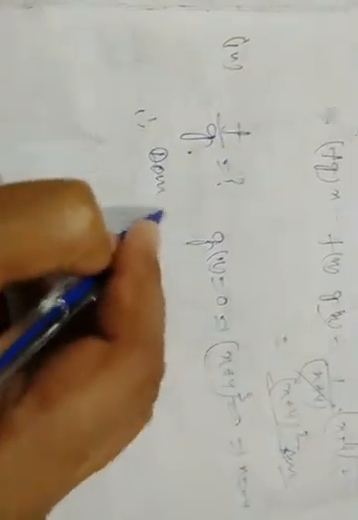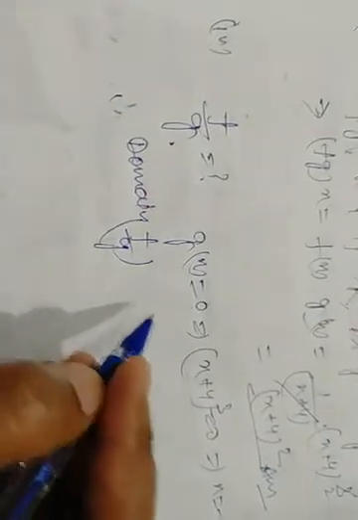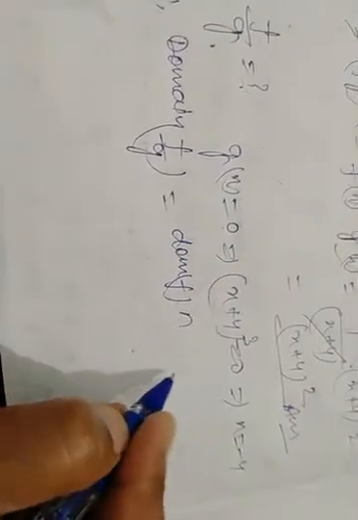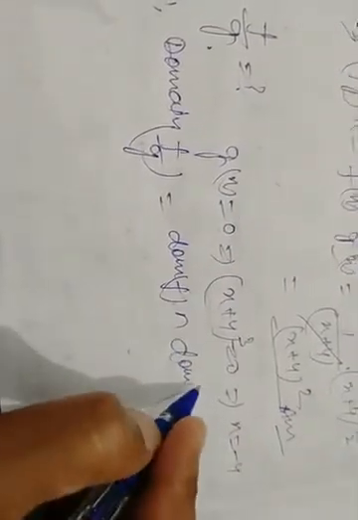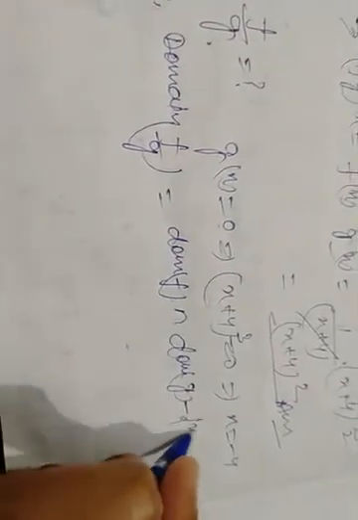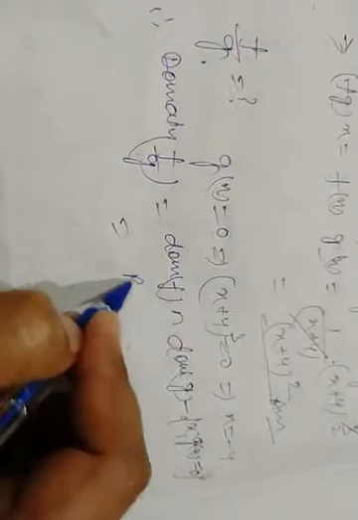So since the domain of f by g is the domain of f intersection the domain of g minus the x such that g of x is equal to 0, their common domain is R, real values, minus 4.